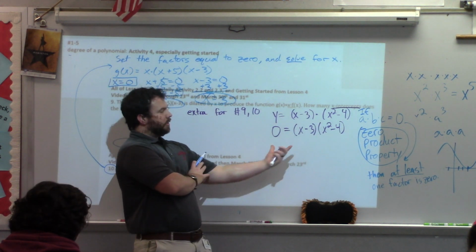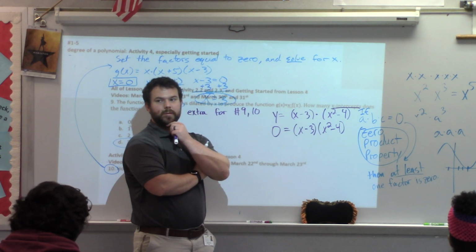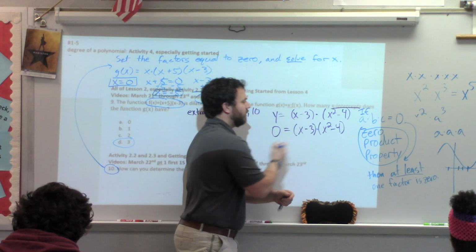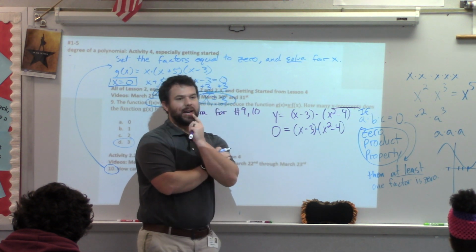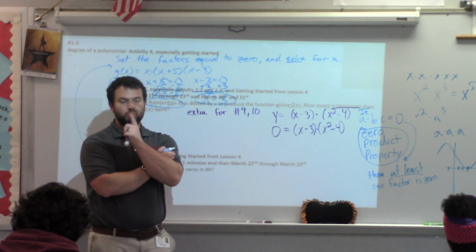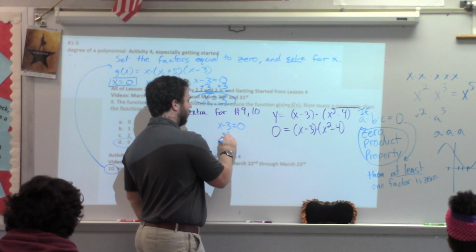So applying it into this beautiful case, do we have factors? Yeah, we got factors right there. So at least one of those factors has to equal what? 0. That's it. So x minus 3 is equal to 0. We've solved it.